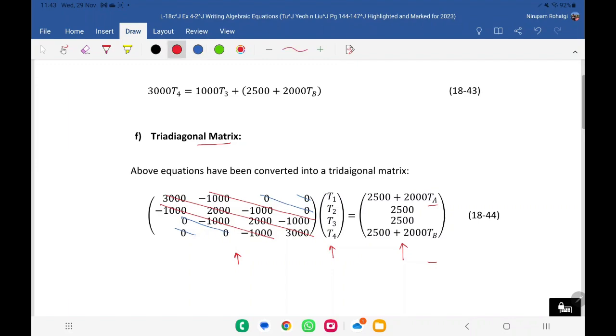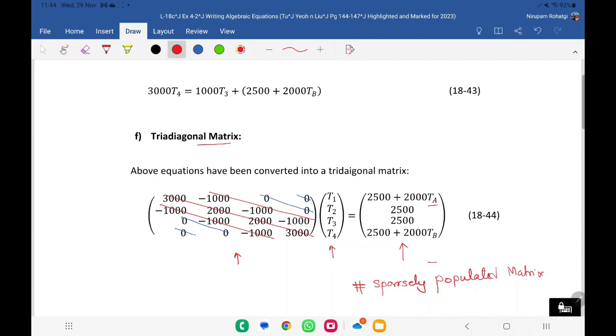So such a type of matrix in CFD is called a sparsely populated matrix. Now there is a special way of solving them.